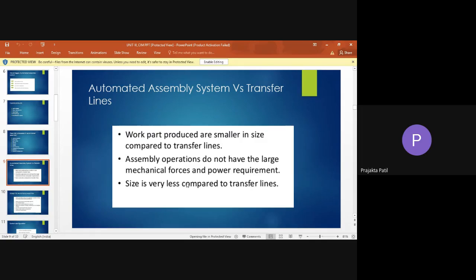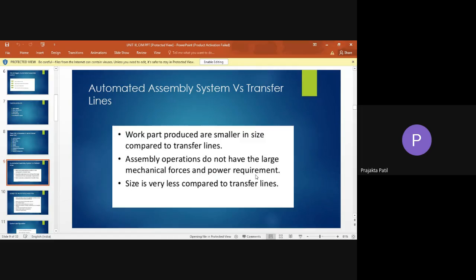If you see the second point, assembly operations do not have large mechanical forces and power requirements. This point is justified if you see the different assembly processes that I just listed. There is very little mechanical force and power required.